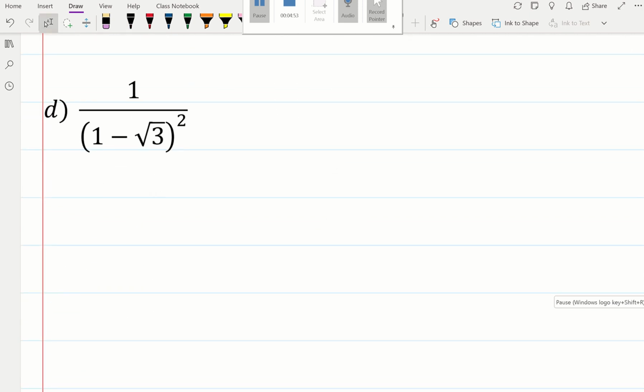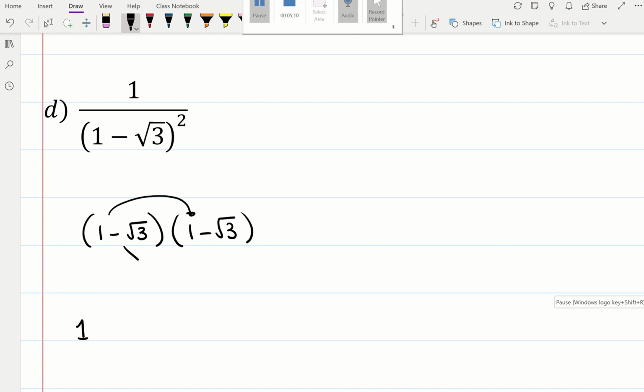And the final question is 1 over 1 minus root 3 squared. Well, 1 minus root 3 squared is 1 minus root 3 times 1 minus root 3. So 1 times 1 is 1. Negative root 3 times 1 is negative root 3. Negative root 3 times 1 is negative root 3.